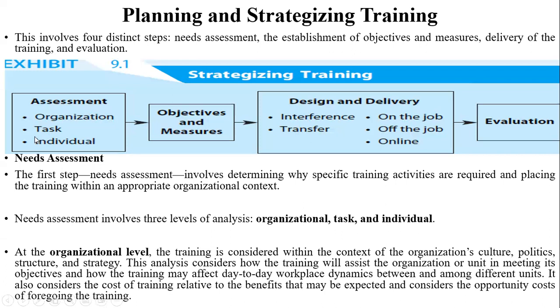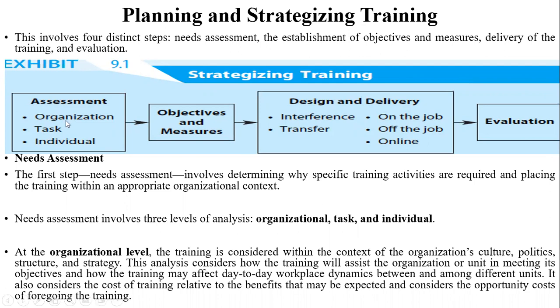Then there is task analysis, whereby an attempt is made to understand the core duties and responsibilities that are expected to be carried out by employees, and how these core duties and responsibilities can also be fine-tuned to help the organization achieve its strategic imperatives.